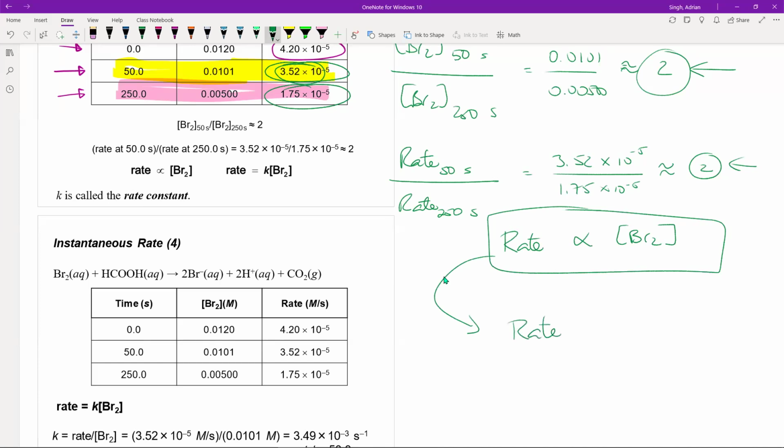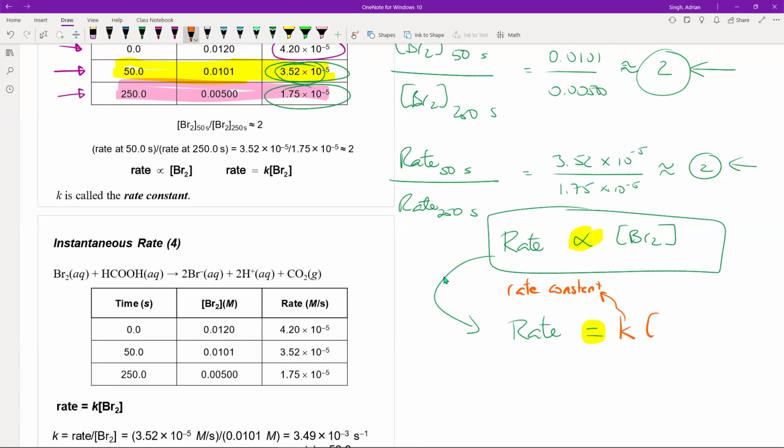So when you replace the proportionality symbol with an equal sign, guess what? You have to introduce a proportionality constant. And that proportionality constant in this particular instance is called k, and this is known as the rate constant for this reaction.